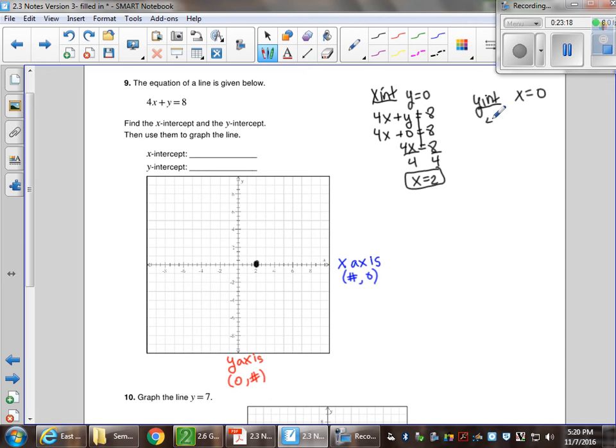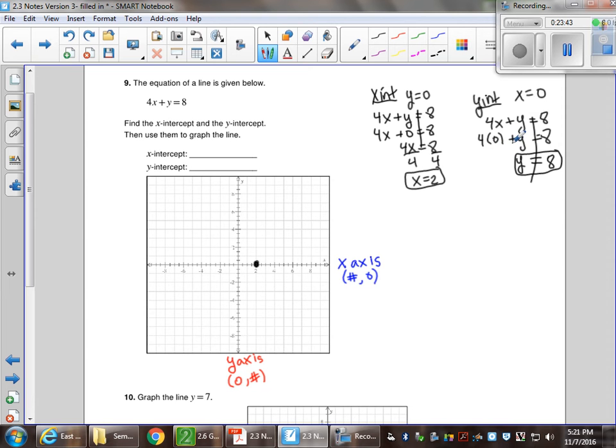So same equation, 4x plus y equals 8, except now that's going to be 4 times 0 plus y equals 8. What's 4 times 0? Oh, right, it's 0. 0 plus y is just y. Y equals 8.